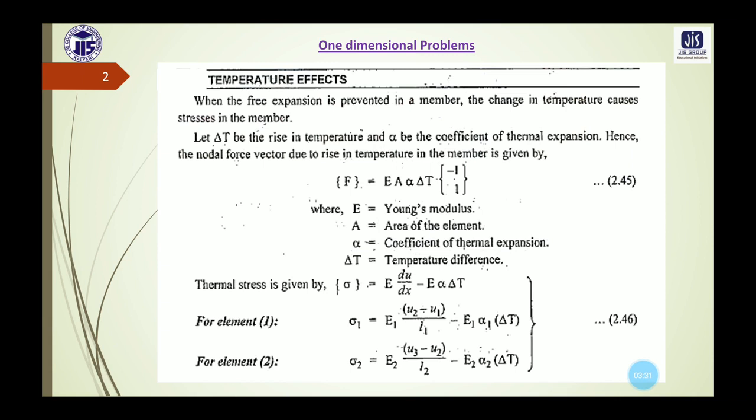This is equals to E2 (U3 minus U2) divided by L2 minus E2 alpha 2 delta T. So these are the equations for the thermal stress, and the formation of this equation for thermal stress in case of the element 1 and element 2 for the bar elements we have discussed here. Now based on this formula of the thermal stresses, we will now discuss different numerical.